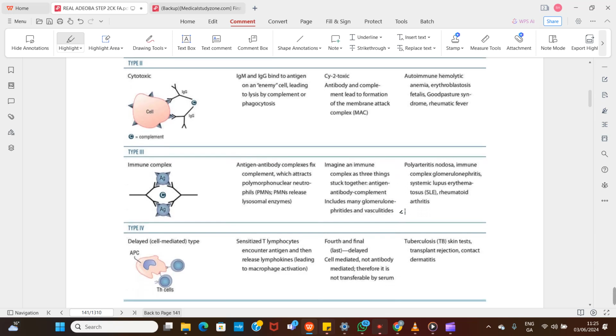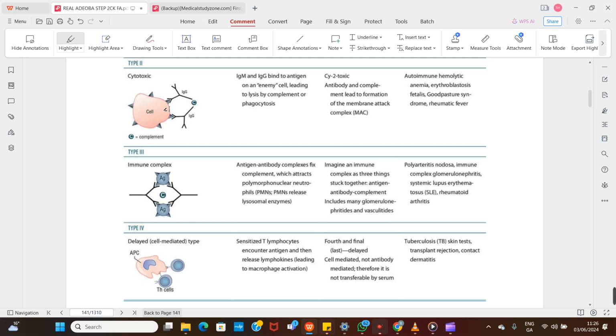Then moving on to type 3. These are the ones that involve deposition of immune complexes. So unlike type 2, where the antibody alone is mediating the action, in type 3 the antibody binds to antigens within the circulation and they come together to deposit in tissues. When they deposit in tissues, they can activate complement and they can activate neutrophils.